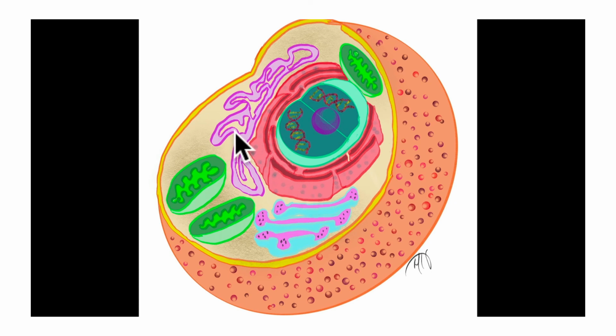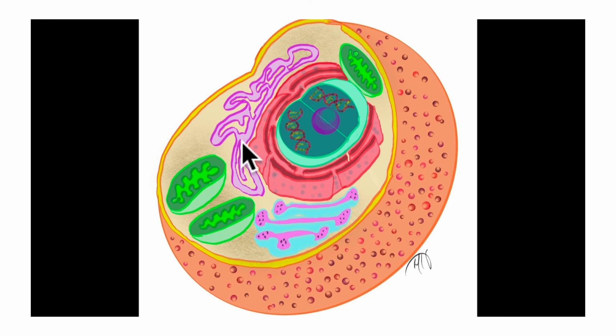Here we don't see ribosomes attached to this endoplasmic reticulum, hence the name smooth endoplasmic reticulum. But the rough endoplasmic reticulum, along with the Golgi apparatus, produce and package proteins. The smooth endoplasmic reticulum that we see right here synthesizes steroid hormones and also stores calcium.